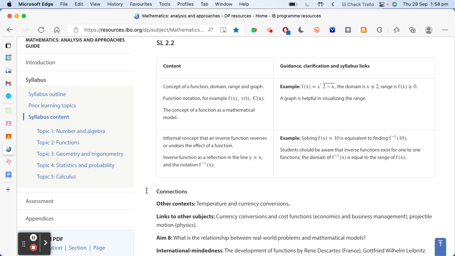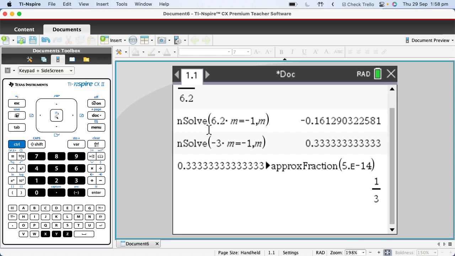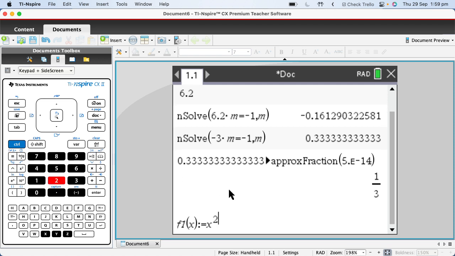I'll get the calculator up and I'll give you an idea of a function. Let's use f of x equals x squared plus 1. So I'm going to use my calculator and I'm going to go f1 of x is defined as, remember, control and that button there, so colon equals. f1 of x is defined as, and let's just say the function I was given was x squared plus 1.